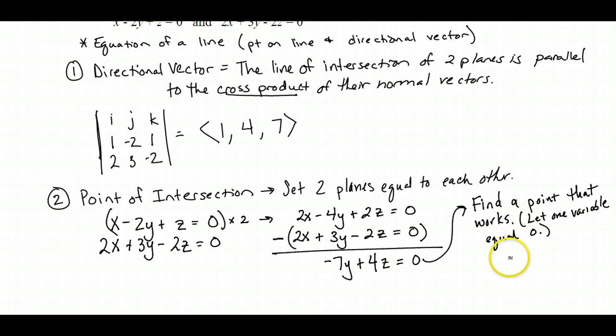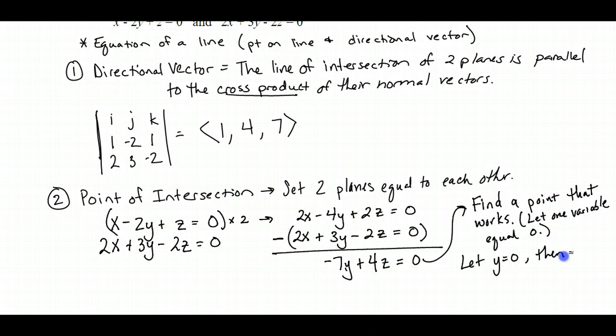If we do that for this particular problem, if we let y equal 0 here, and we want this to work out, we know that z is going to equal 0 then too. So here, we're going to let y equal 0. Negative 7 times 0 is 0. So that term is basically gone. Well, I have to let 4z then equal 0. Then, of course, z equals 0.